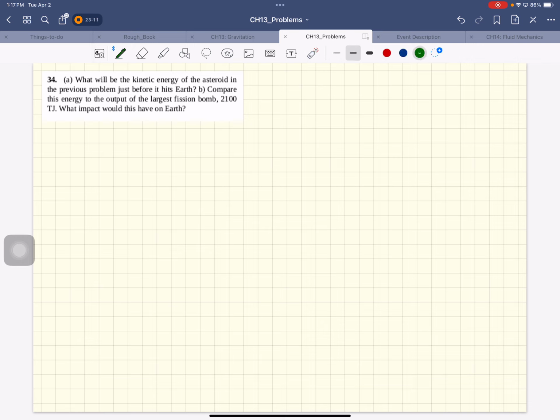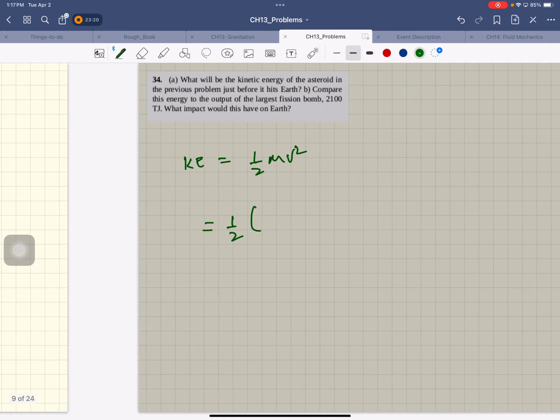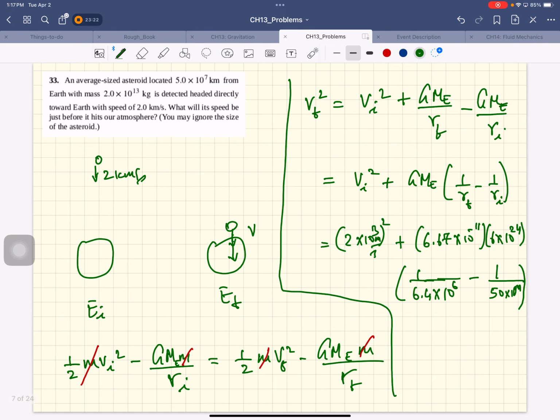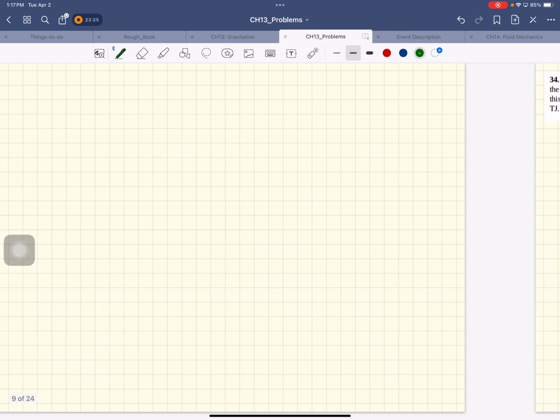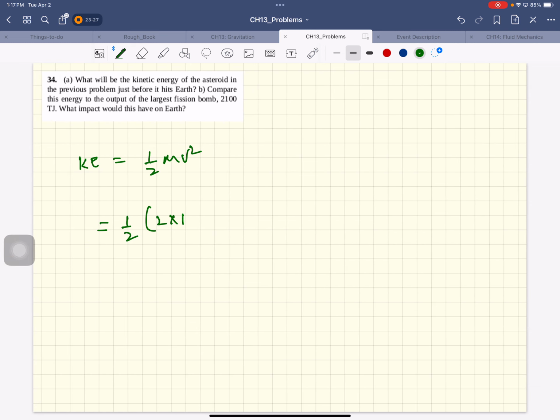So the kinetic energy of the asteroid would be 1/2 mv squared, and the mass of the asteroid is 2 times 10 to the 13 kg. The mass of the Earth is 10 to the 24 kg, so you need almost 1 trillion of those to make the Earth.